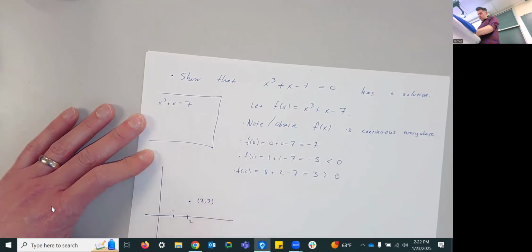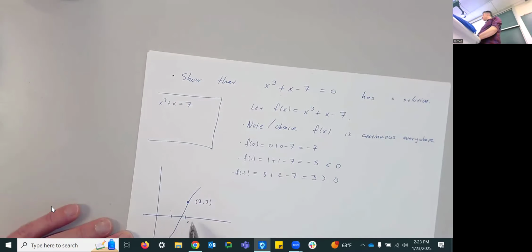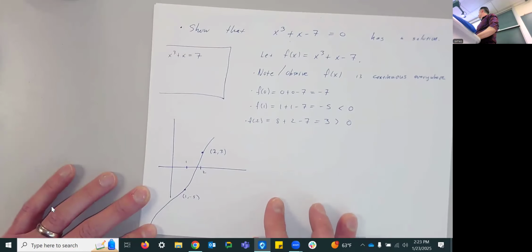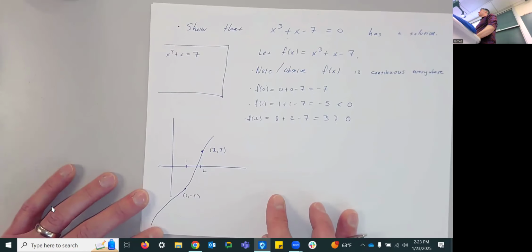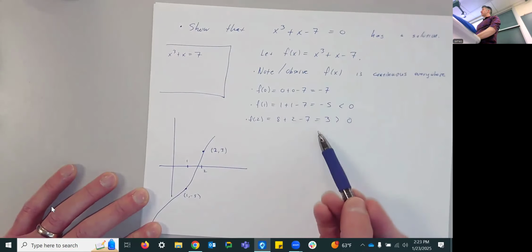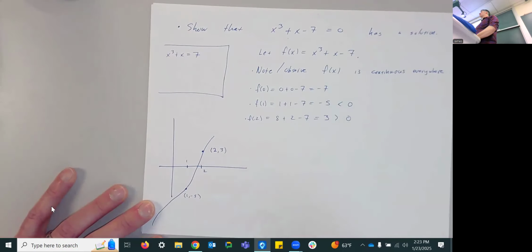My function that's continuous is doing something like this. And somewhere between 1 and 2, it had to cross the x-axis. There is no other choice because it's continuous. So if you can show that the function goes from being negative to being positive, it had to equal 0, as long as it was continuous, by the intermediate value theorem.